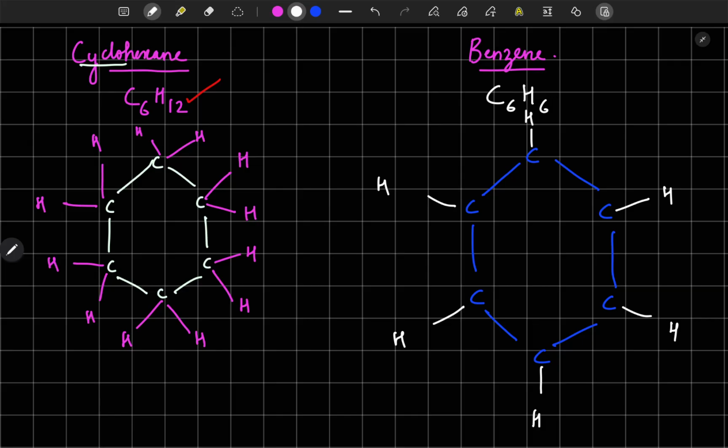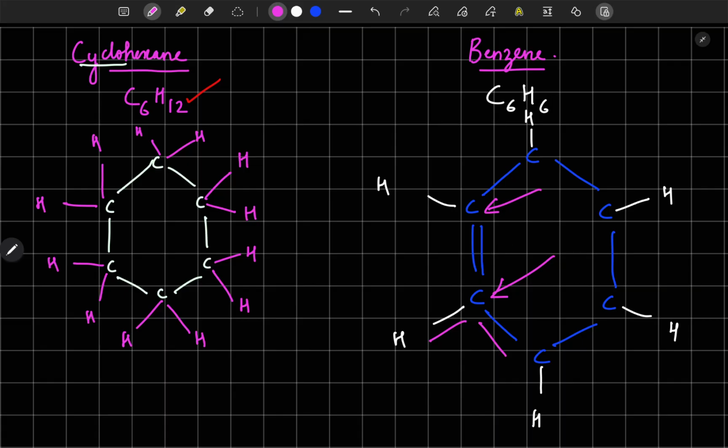Now the problem is, look at this carbon atom. Every carbon atom should have 4 bonds, but now there are only 3 bonds. So in that situation, we will introduce one double bond between the carbon atoms. When I introduce one double bond, this carbon as well as this carbon both get 4 bonds.